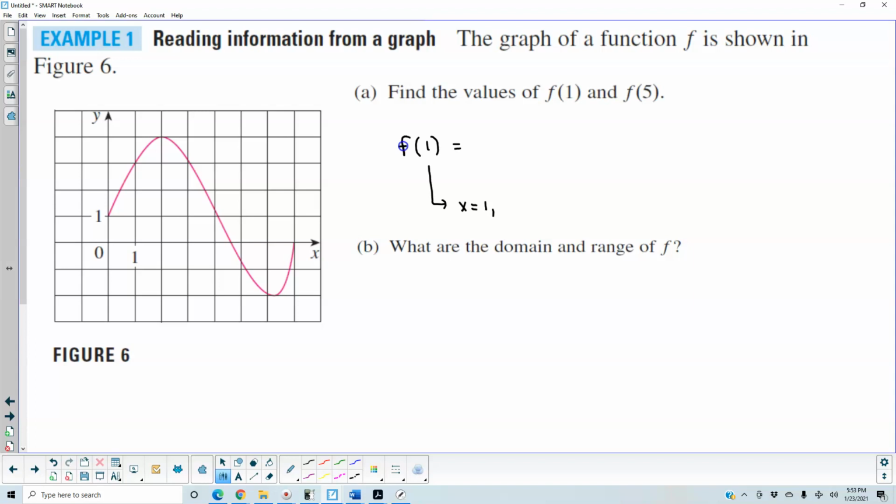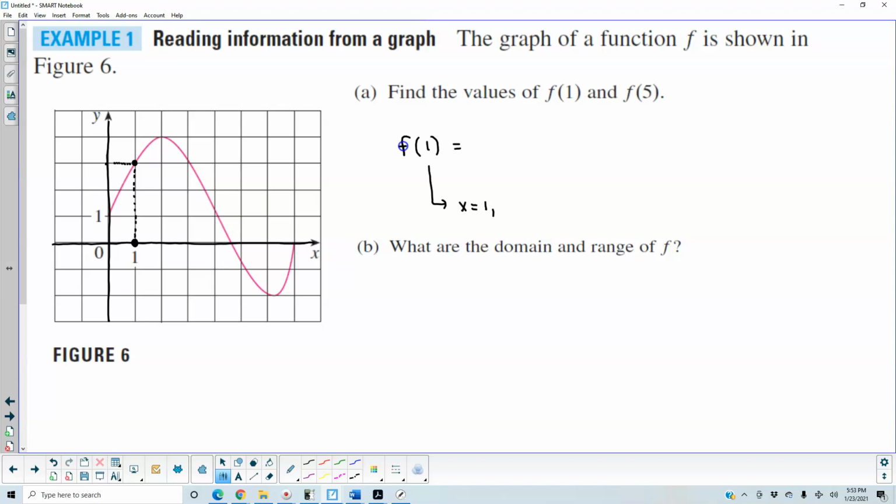So let's take a look at the x and y axis. Here is our x-axis, and here is our y-axis, and we can see where the graph ends. At the value of 1, we want to know what the output is.